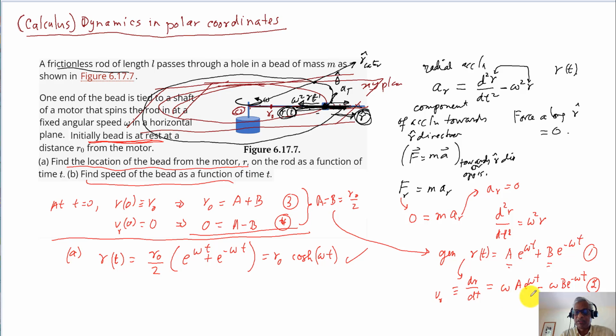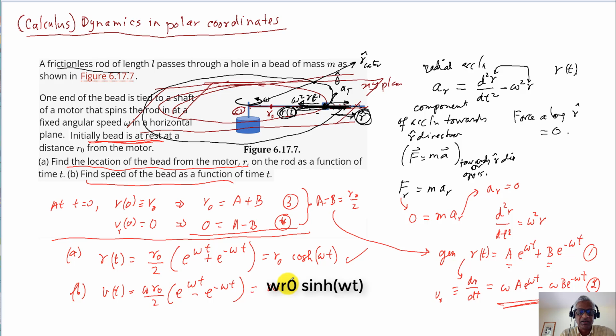The speed part, we just have to do it over here. So for B, v of t will simply be omega times r0 over 2 times (e to the power omega t minus e to the power minus omega t), and you probably know this is going to be omega r0 sinh omega t, which is, if you take a derivative of that, you already get this.